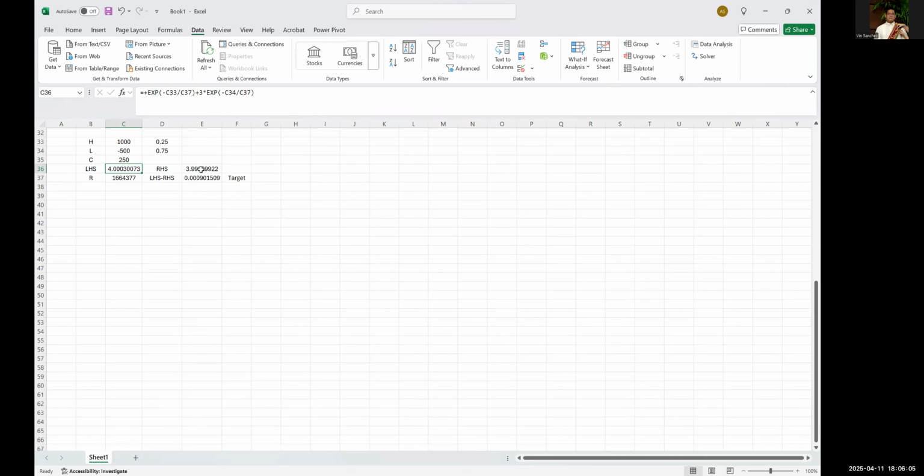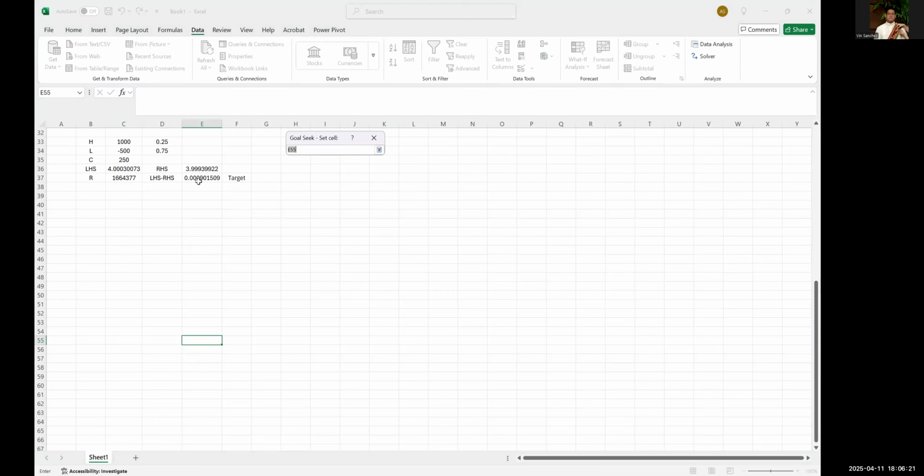What I did here is multiply the right-hand side by 4, so that we get 1 for H over R and 3 for L over R. Then using Goal Seek, we set this target cell to a value of 0 by changing R.